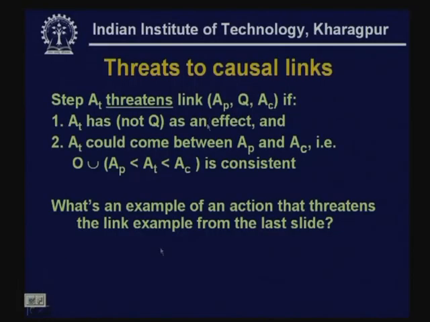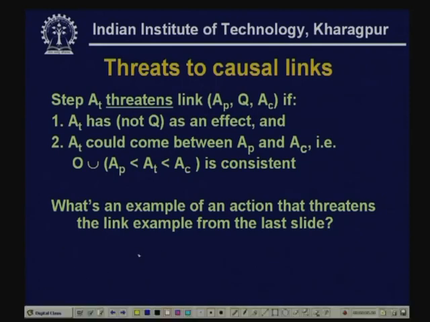Which are the actions that can threaten this causal link? A step AT. So, if we have a causal link from AP to AC on Q, AP achieves Q, AC requires Q. Now, suppose this is a temporal link.